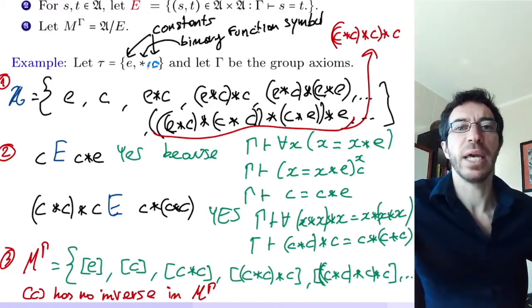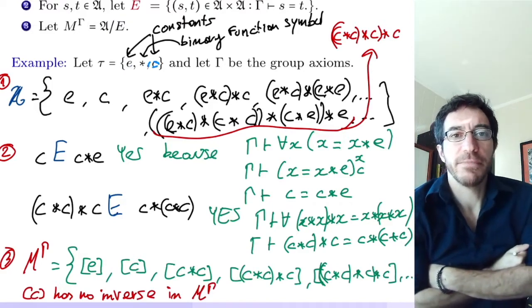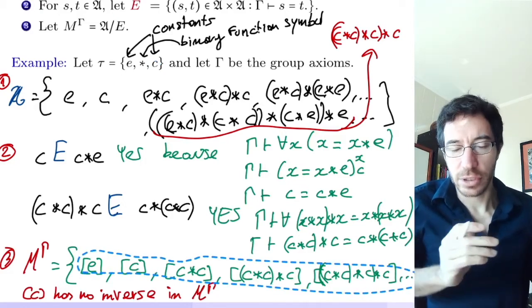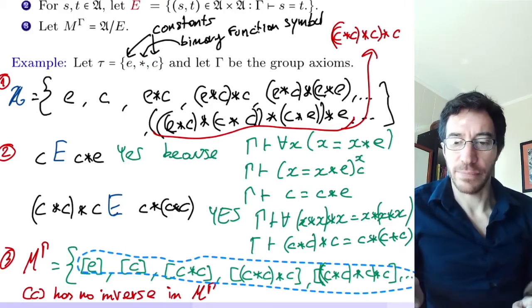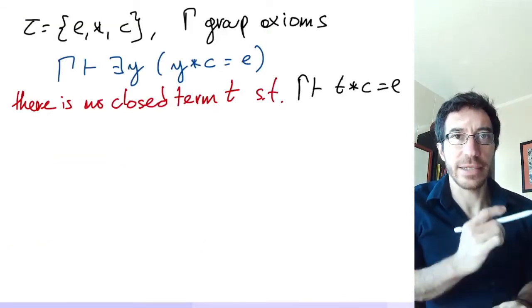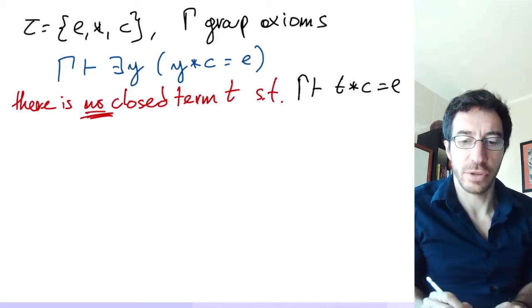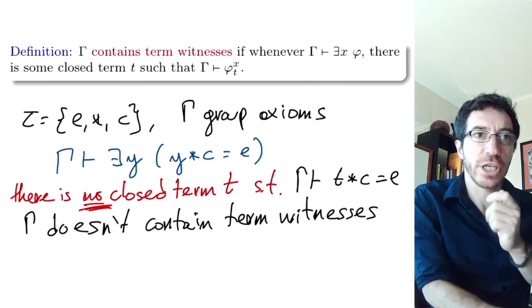All you can do is multiply it by itself, and by associativity those are the only ones you get, and by identity the e's cancel out. So those are all the terms you get, and you don't get c inverse as a term. So in this case, we see that there are no such closed terms, and therefore this tells you that gamma doesn't contain term witnesses.